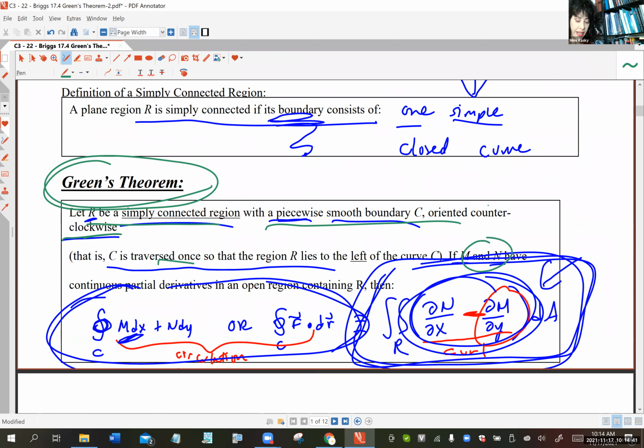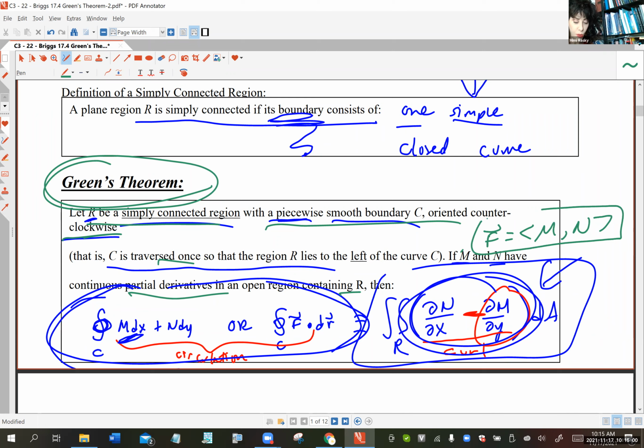And if M and N have continuous first partial derivatives in an open region containing R, that's where your vector field gets involved. Remember, M and N are the components of your vector field in alphabetical order. So this involves vector fields.